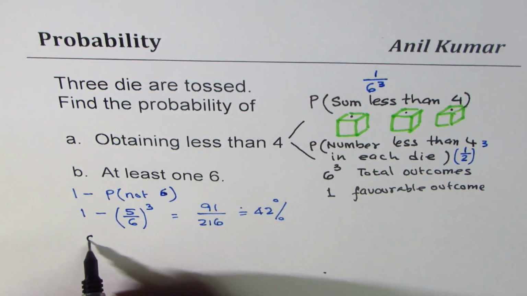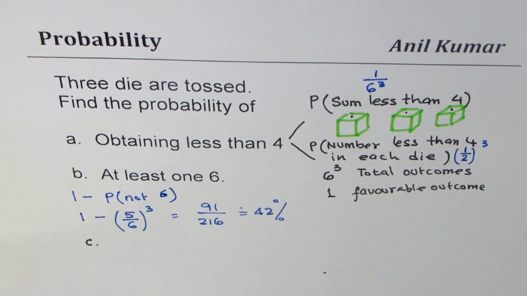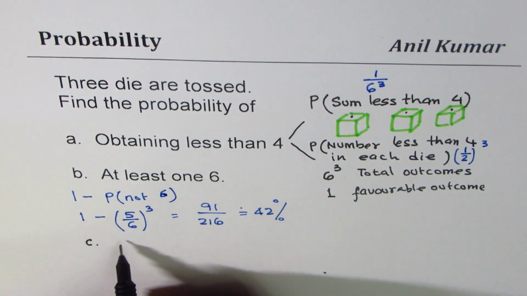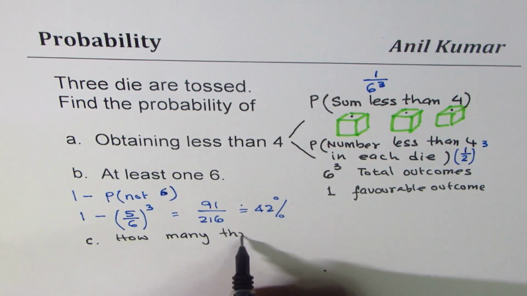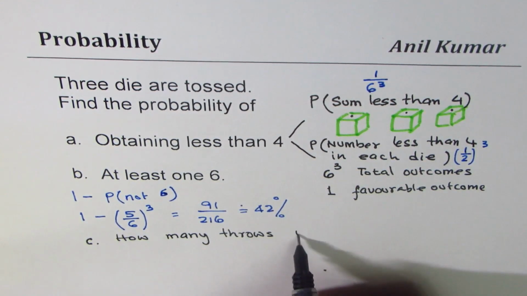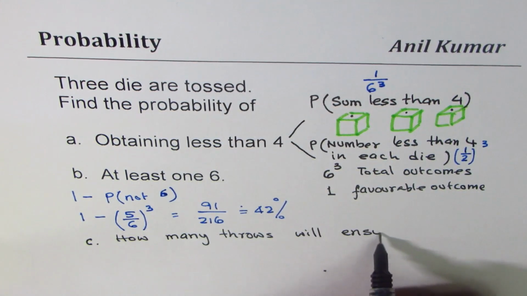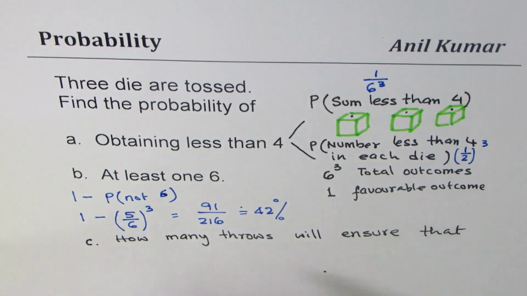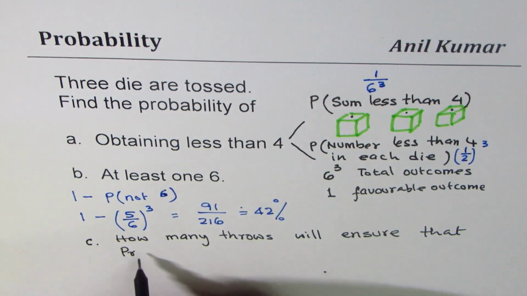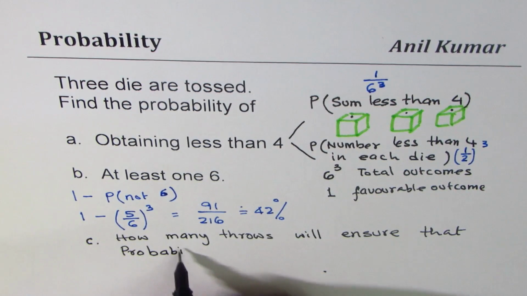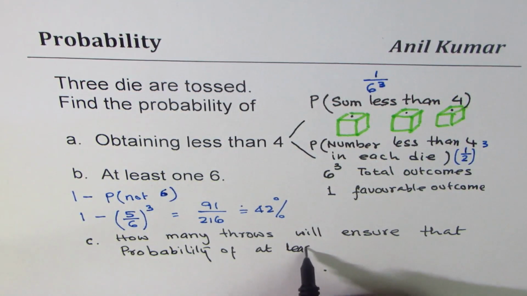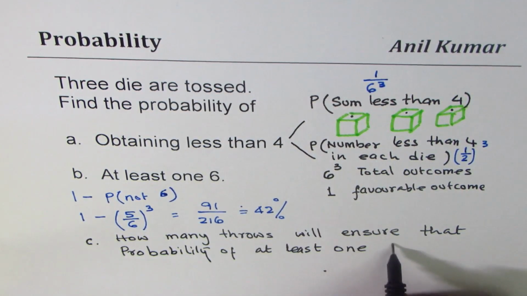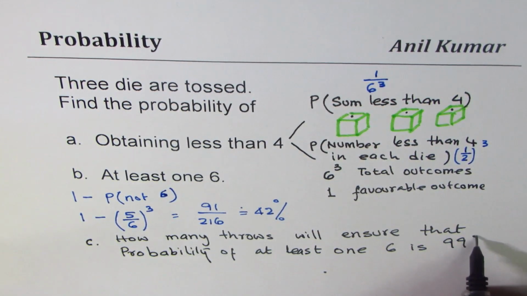And that brings to a very interesting question. The question here is, how many throws will ensure that the probability of at least one 6 is 99%?